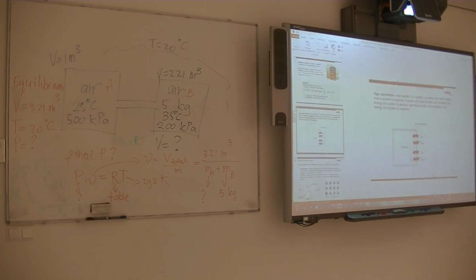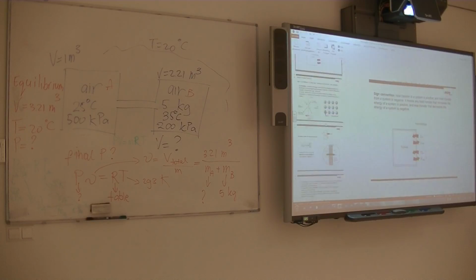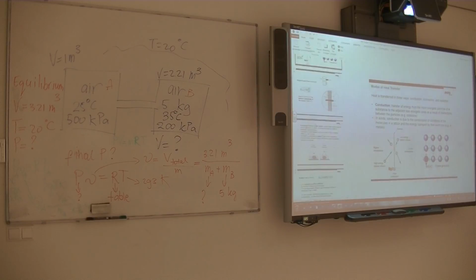So work going out, if the system performs work on the environment, we have a plus sign, and if the environment surroundings work on the system, then that work has a minus sign. Energy going out is negative, energy coming in is positive, or heat coming in and coming out.